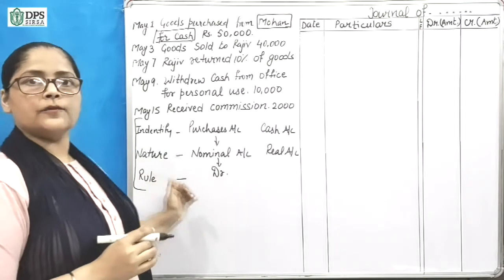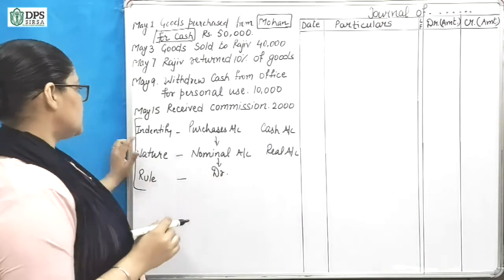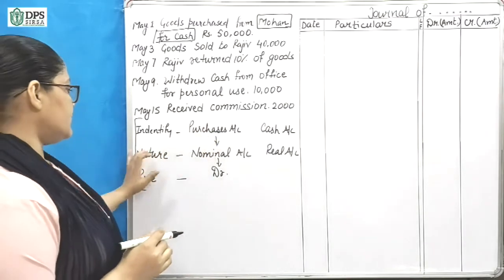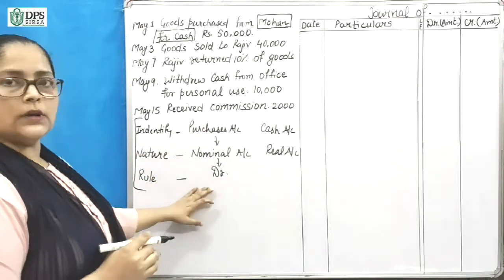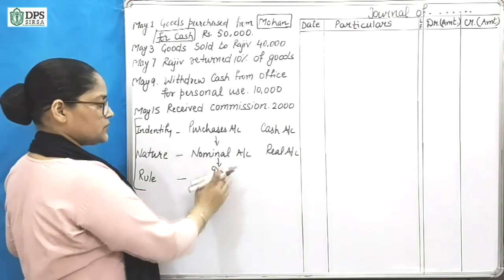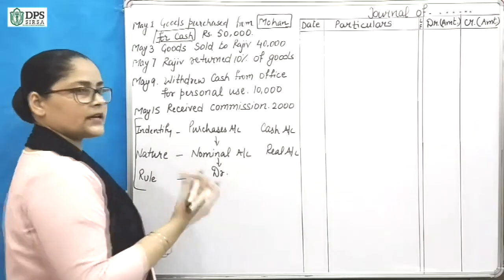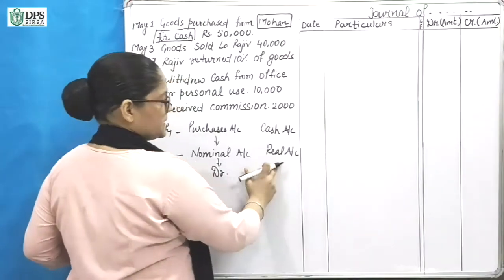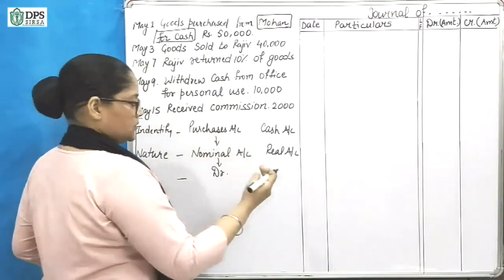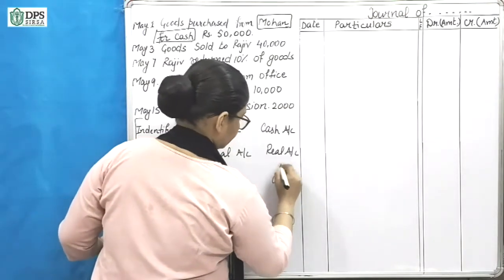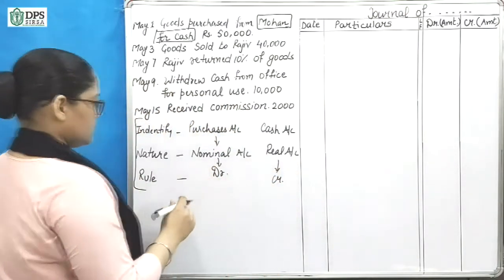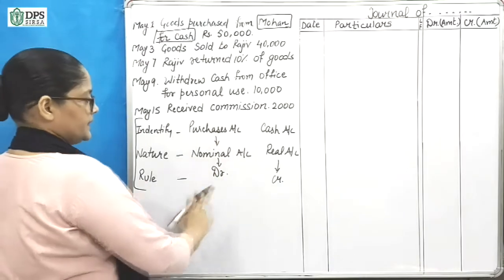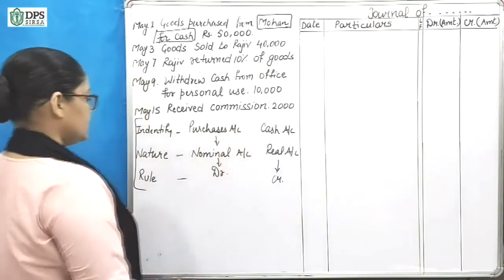First identify, then nature, then rule. Now we are applying rules. Nominal account, that means expenses, so expenses are debit, and real account says when the cash is going out, it will be credited. So here purchases will be debited and cash will be credited.